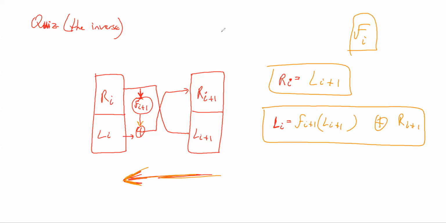We still don't know what they are, so we need to define those as well. I'm going to switch colors to red. So as we know, F1, comma, dot, dot, dot, F16, they're just mapping functions.